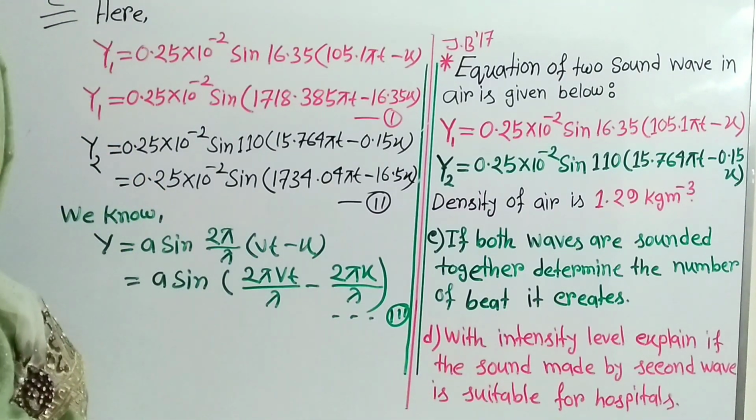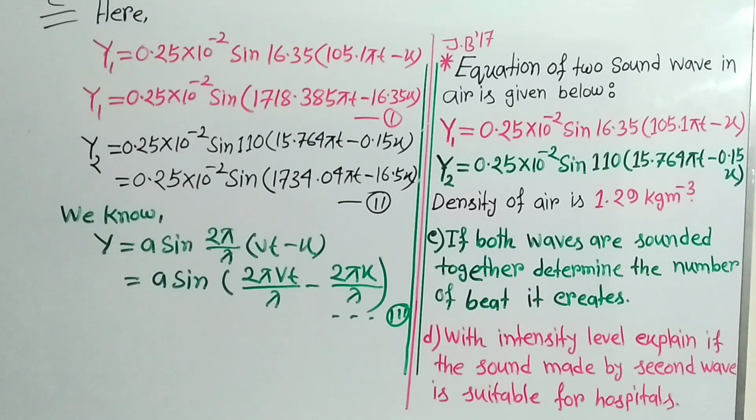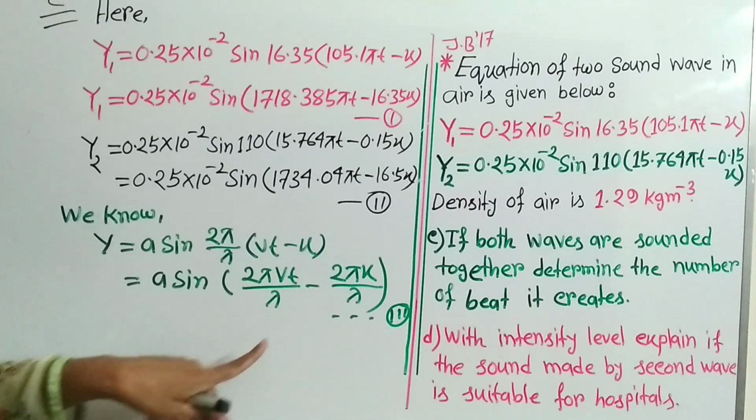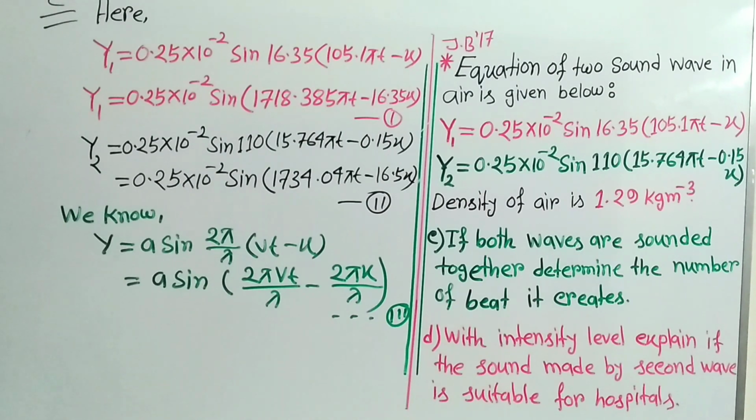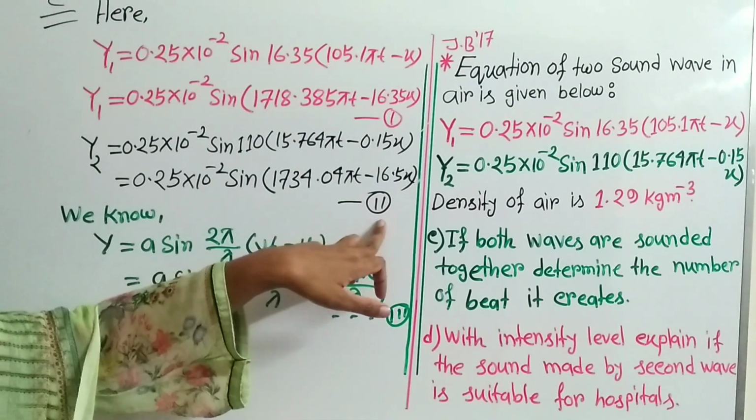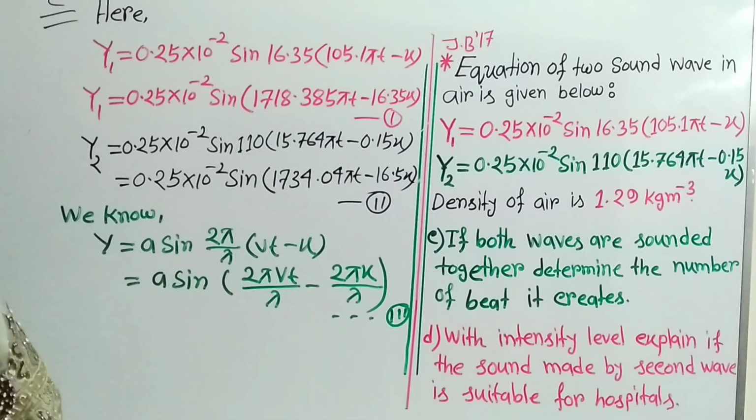Dear students, now we can compare equation 3 with equation 1 and equation 2. Firstly, I am going to compare equation 3 with equation 1 so that I will get the value of f1. After that, by comparing equation 3 and equation 2, we will get the value of f2.